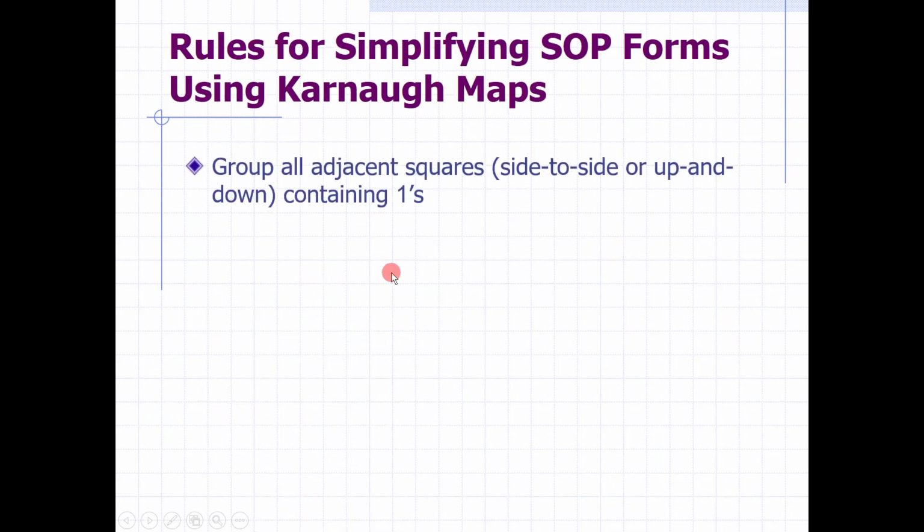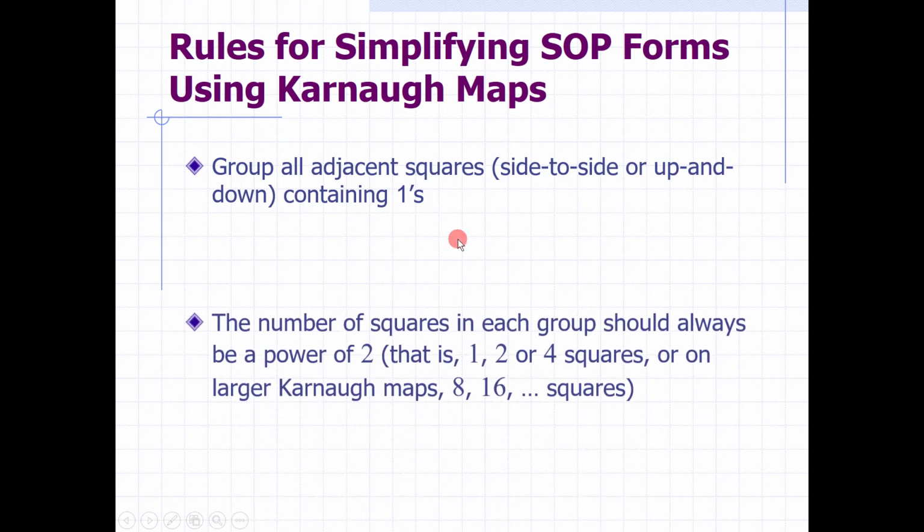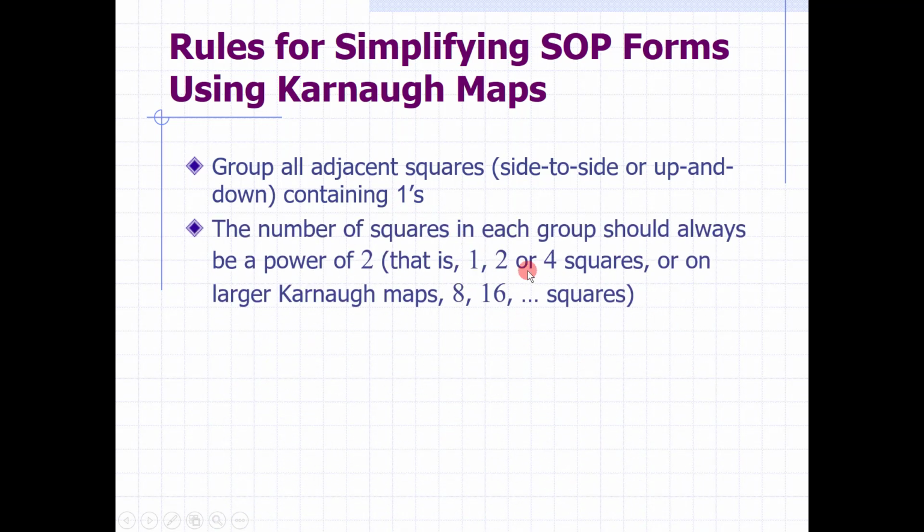So here they are, sort of the rules. Group adjacent squares, either side to side or up and down. And if we're doing SOP form, we'll be grouping 1s. If we're doing POS form, we'll just start grouping 0s instead. This is just talking about the number of squares that are in your Karnaugh map. It's related to the number of input variables you have.